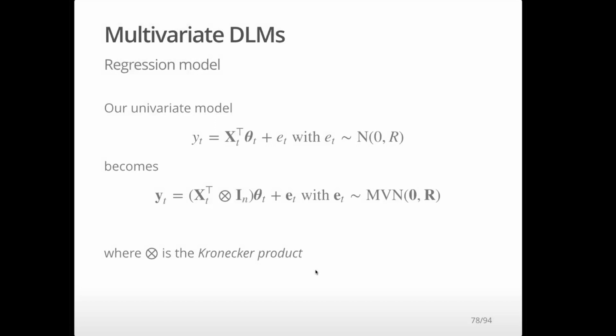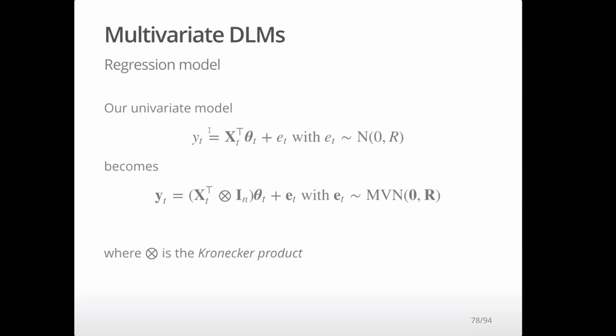Okay, now we're going to move into slightly more complicated but more interesting models. So now let's think about that regression model again, right? Where we had a univariate response before, and we had some predictors in here with an intercept, and then we had the parameters that would include something like a slope and an intercept, maybe even quarterly effects.